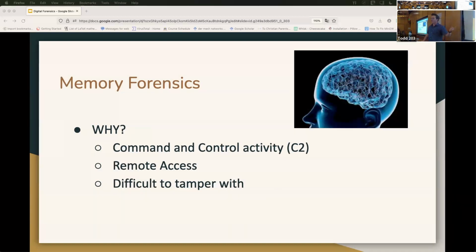If I remember correctly, C2, command and control, this is how a malware is going to maintain connections to your system. We can see whether or not our system has been accessed remotely, and it's pretty difficult to tamper with RAM when we have been the ones to do our volatile evidence capture.